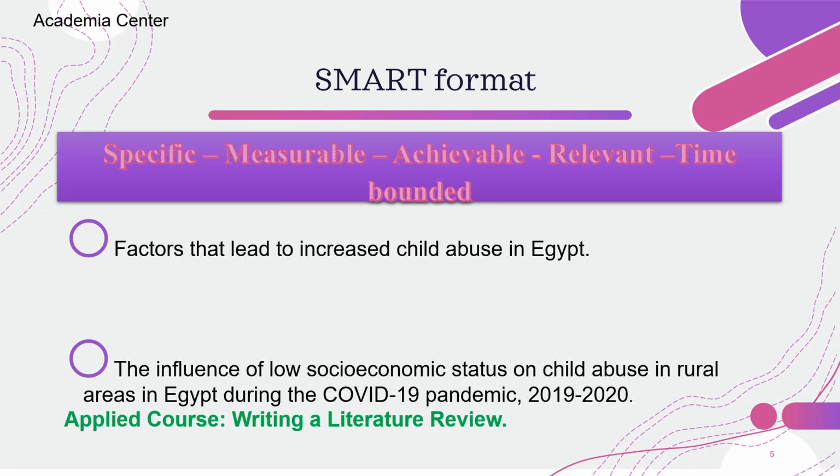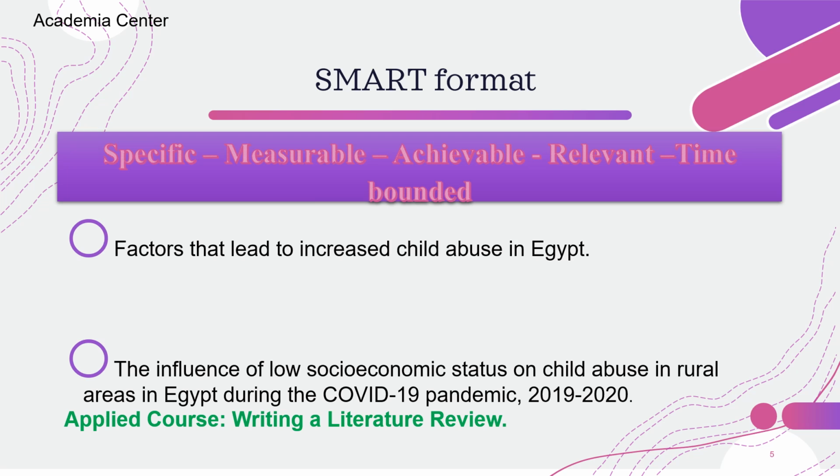Let us see this title: the influence of low socioeconomic status on child abuse in rural areas in Egypt during the COVID-19 pandemic from 2019 to 2020. Here it is more specific because I am going to examine the effect of socioeconomic status on child abuse in the rural areas in Egypt during the time bound.